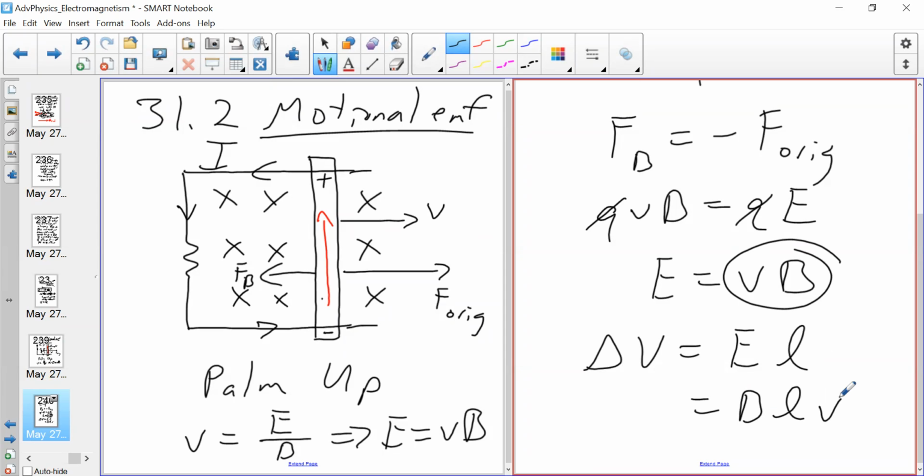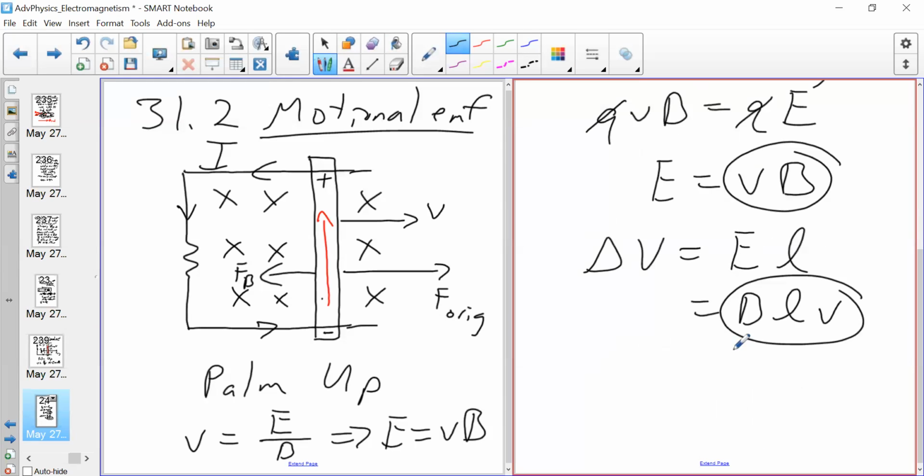That's the voltage within the wire. We're not outside of it, we're just right inside. So this corresponds to the voltage inside the wire or conductor.